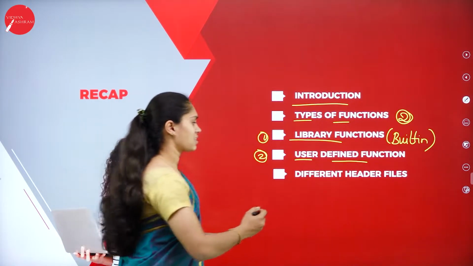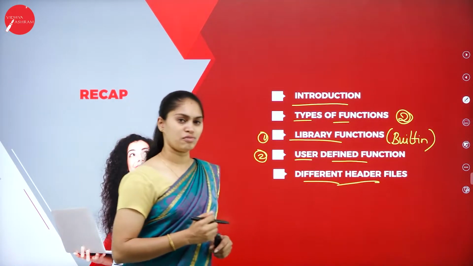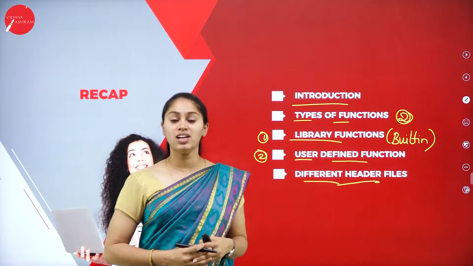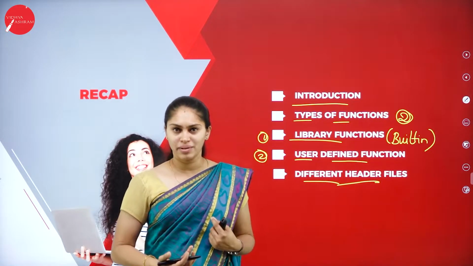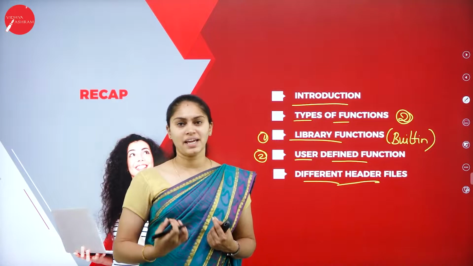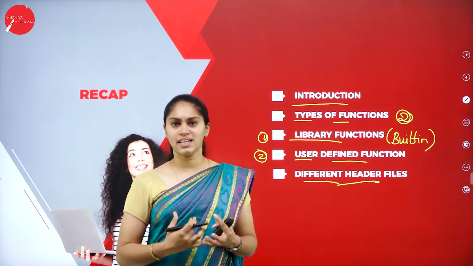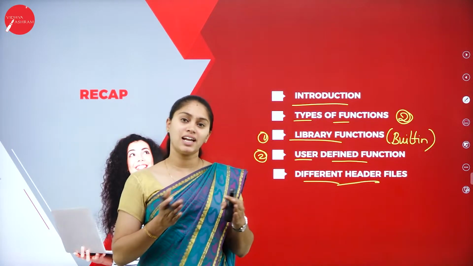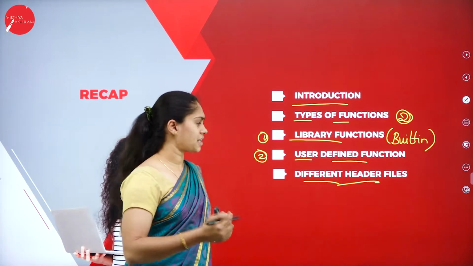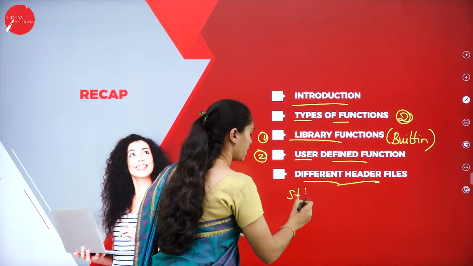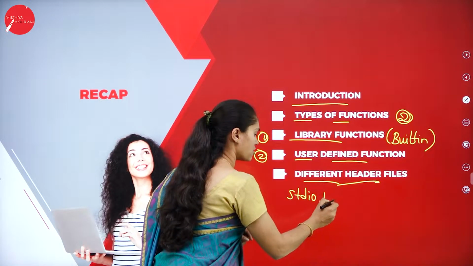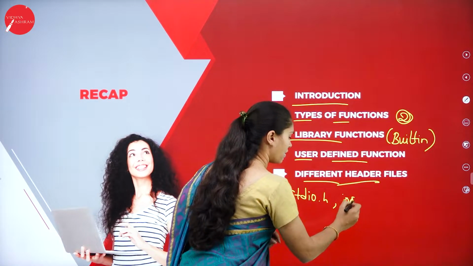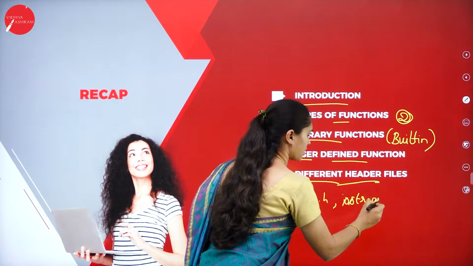And I also discussed the different header files. Each header file performs its own operations. By including that particular header file in our program, we can use some of the functions related to the header file. For example, I can take stdio.h, and I also discussed iostream.h.